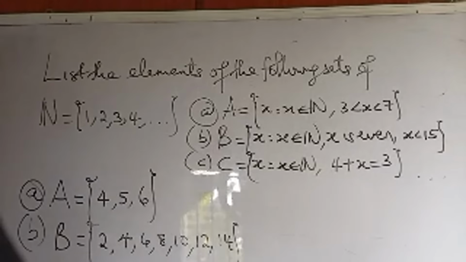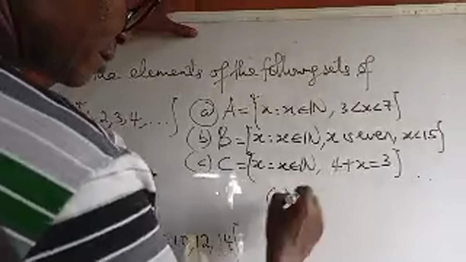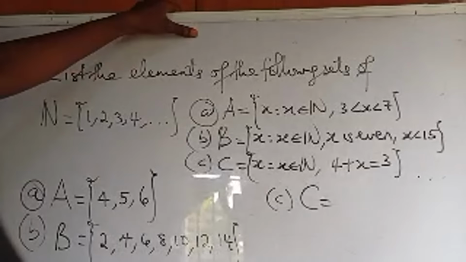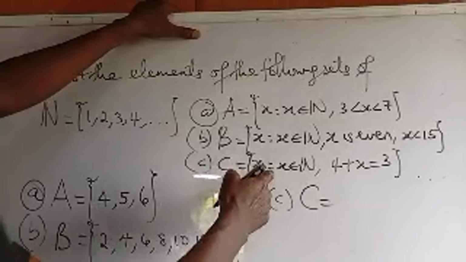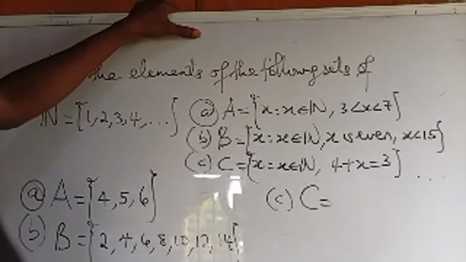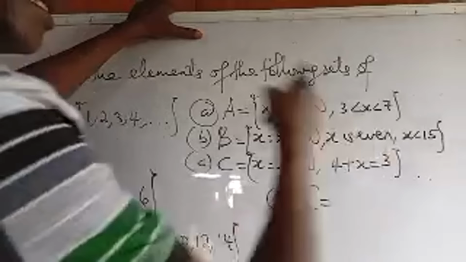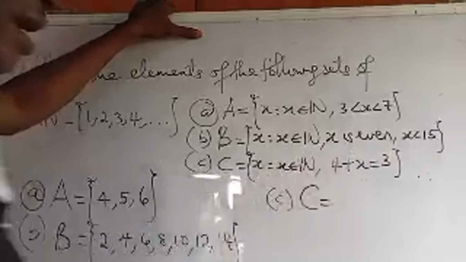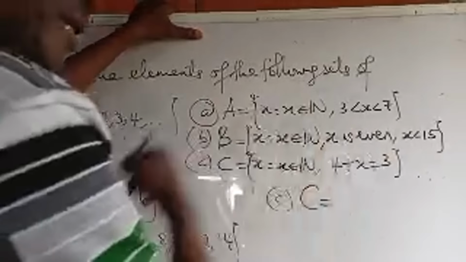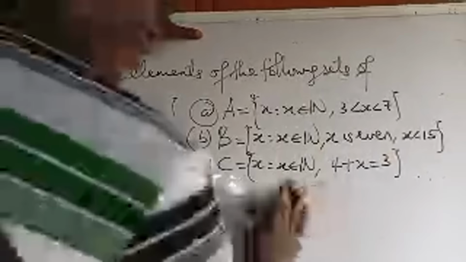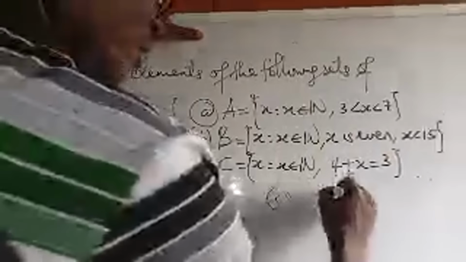Now for the elements of set C, we are told that set C has element x, but 4 plus x is 3. Let's check whether we can list the elements of set C. Let's first calculate 4 plus x is 3.